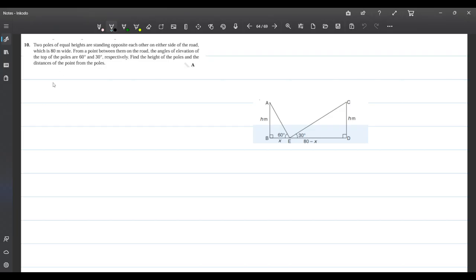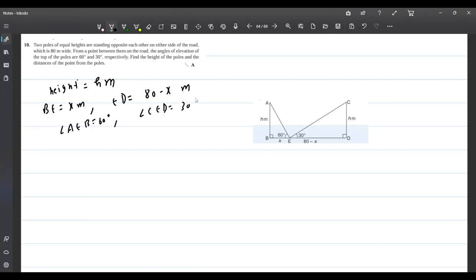So let the height of pole is h meter and DE is x meter and ED is 80 minus x meter and angle AED is equal to 60 degree and angle CED is equal to 30 degree.